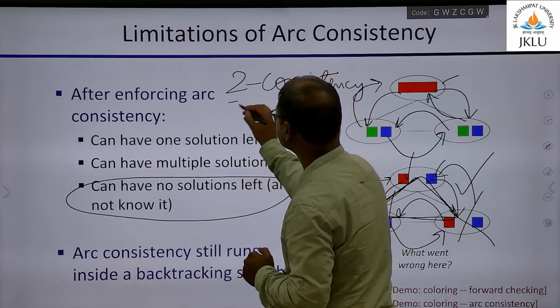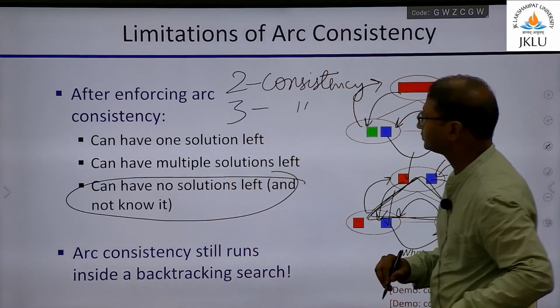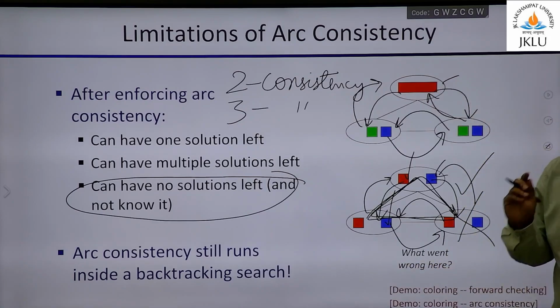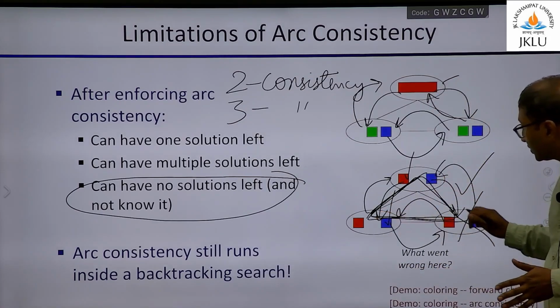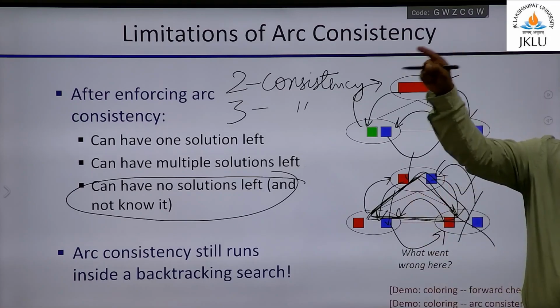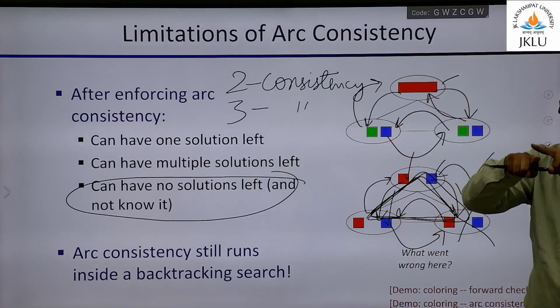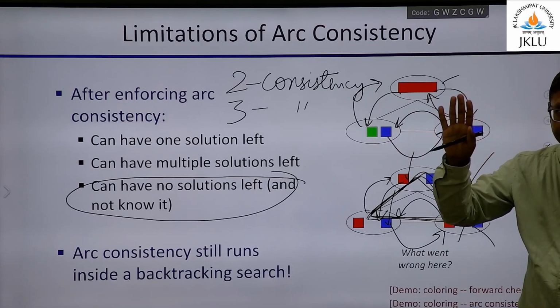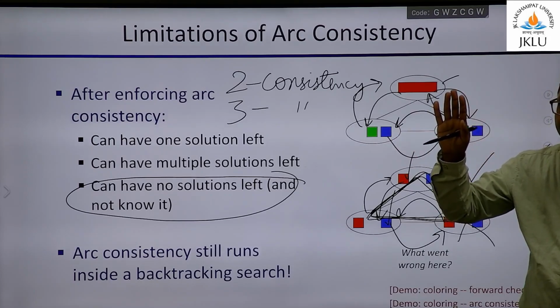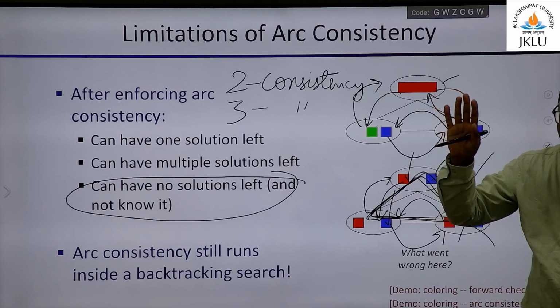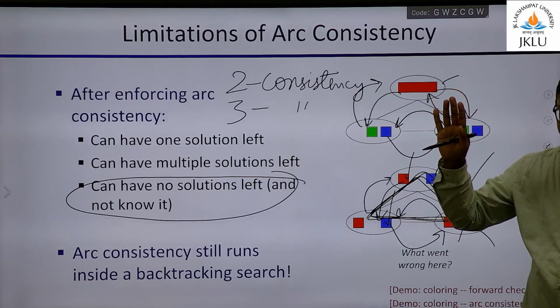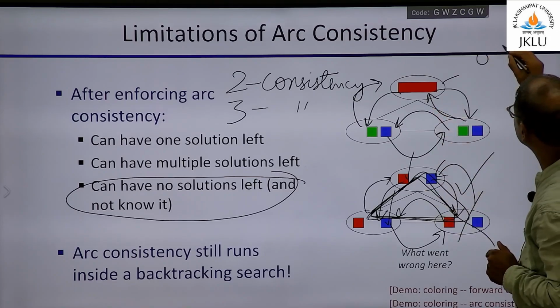What will be three consistency? Three consistency will be checking for three at once, not just for an arc, but for a clique. Everybody understands clique? What's a clique? Complete graph of that size. So what will be a clique for these guys?